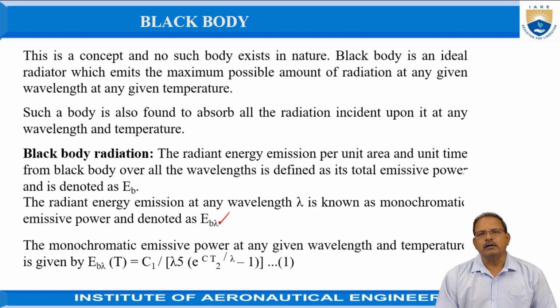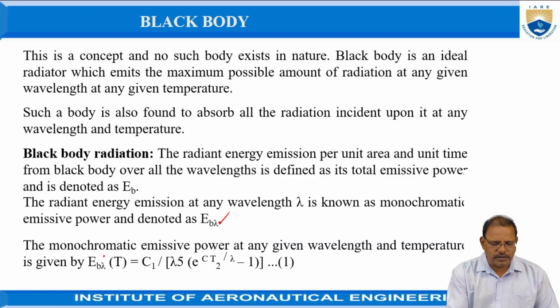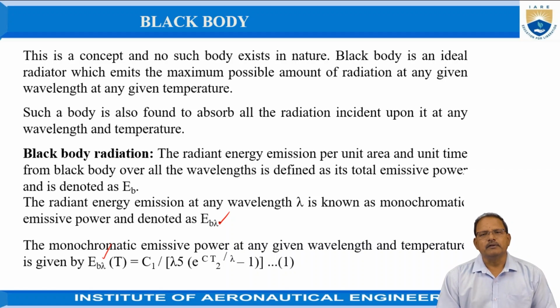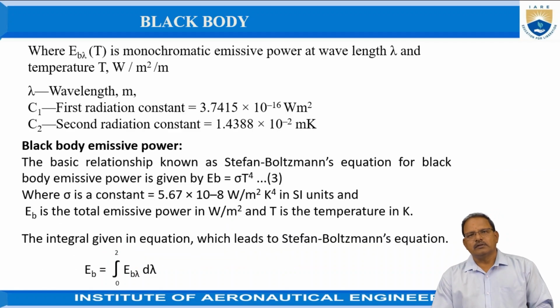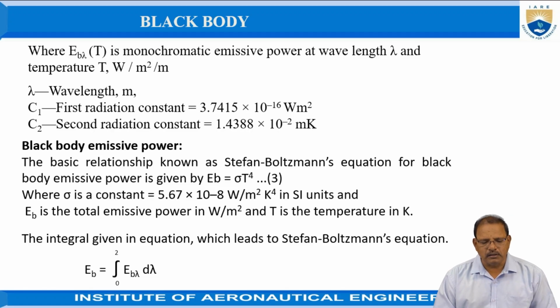The monochromatic emissive power at a given wavelength and a given temperature is given by the equation E_B lambda at a given temperature T is equal to C1 divided by lambda to the power of 5 into e to the power of C2 divided by lambda T minus 1, where E_B lambda at T represents the monochromatic emissive power at a given wavelength lambda and a given temperature T. It is generally expressed in watts per meter square per meter length, where lambda represents the wavelength, generally expressed in meters.